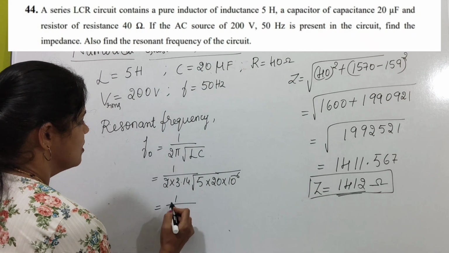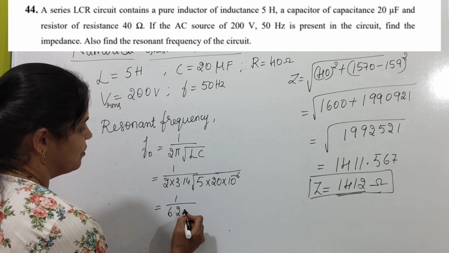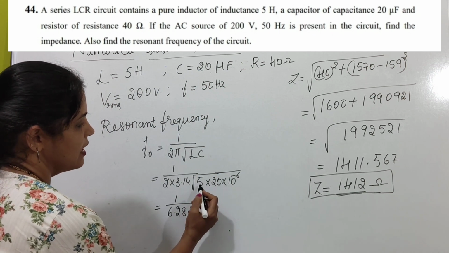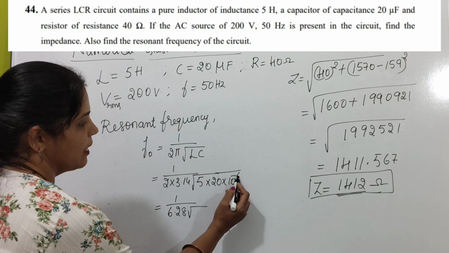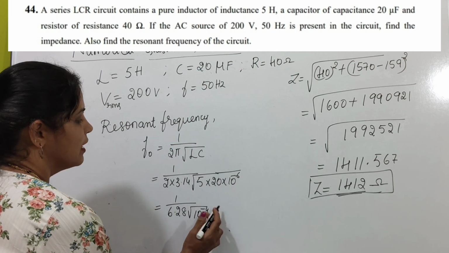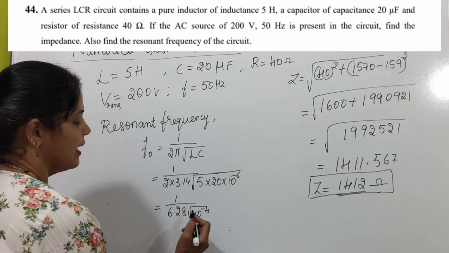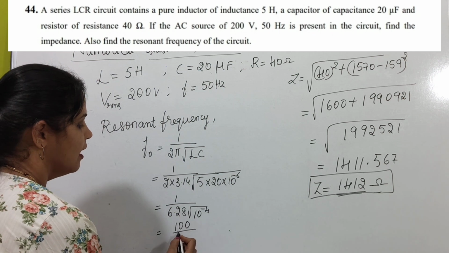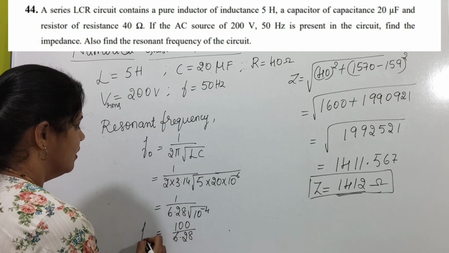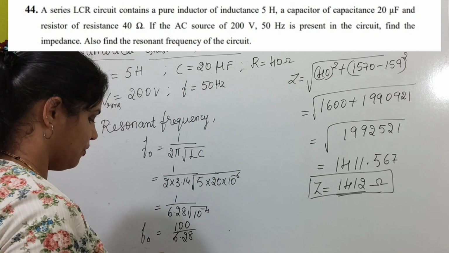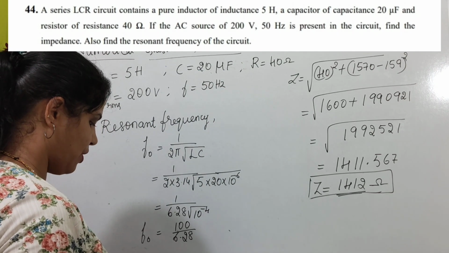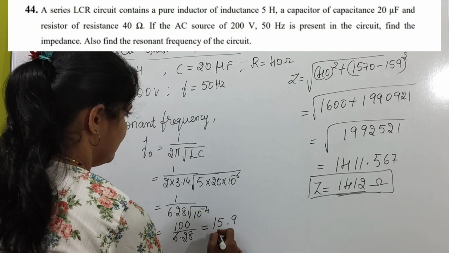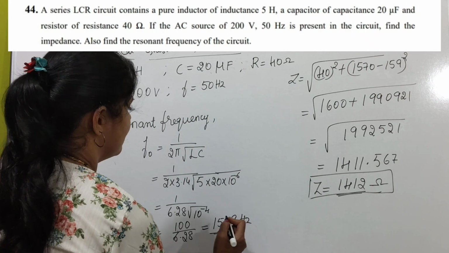You can write this as 2 into 3.14 is 6.28, into square root of 5 into 20, which is 100, 10 to the power 2, times 10 to the power minus 6, which is 10 to the power minus 4. The square root of 10 to the power minus 4 is 10 to the power minus 2. When it comes to the numerator, it is 10 to the power plus 2, that is 100. 100 divided by 6.28 is 15.9. 15.9 hertz is the answer.